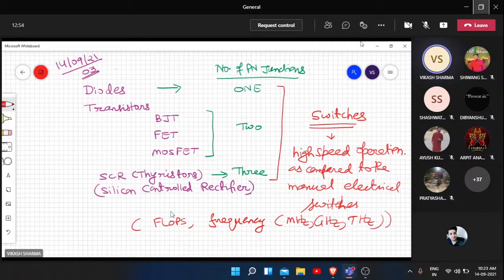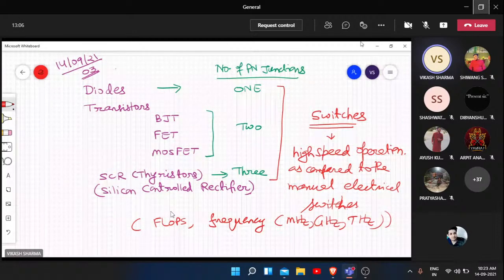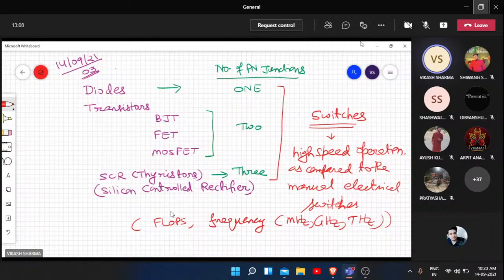So they are measured either in terms of FLOPS, or the frequency of operation. We say that yes, this is the speed of operation of these devices.